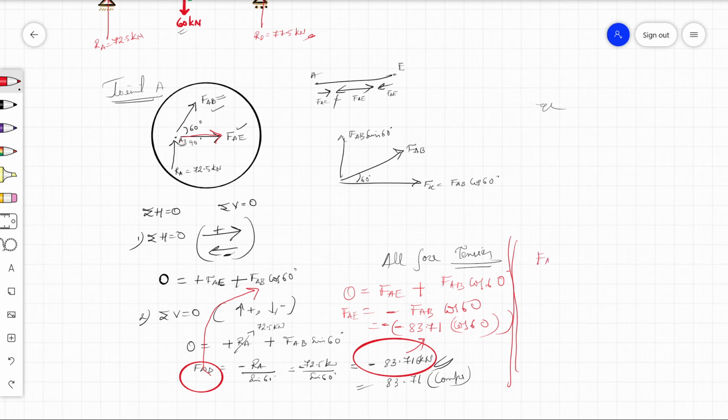If this is clear, our value of FAE becomes 41.858 kilonewton. If the answer comes in positive, this is in tension.